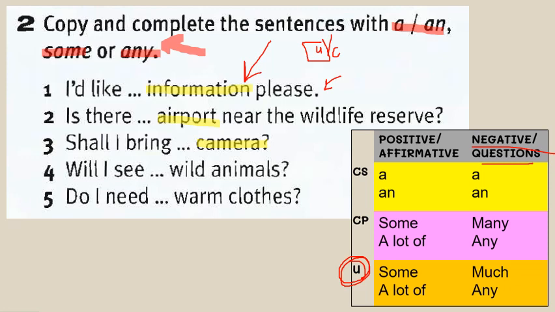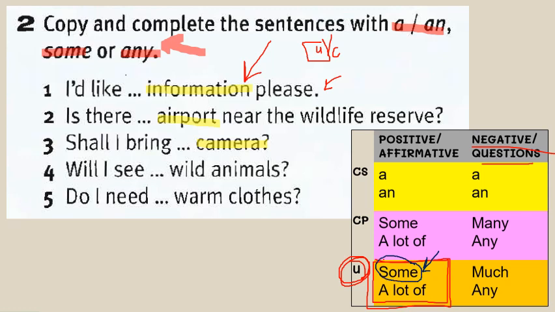So it's actually positive. So maksudnya the answer would be here: some or a lot of. Now, pilihan jawapan dia ada some, any, a or an. So which one yang ada dekat sini? Some or a lot of? Which one? The answer is actually some.